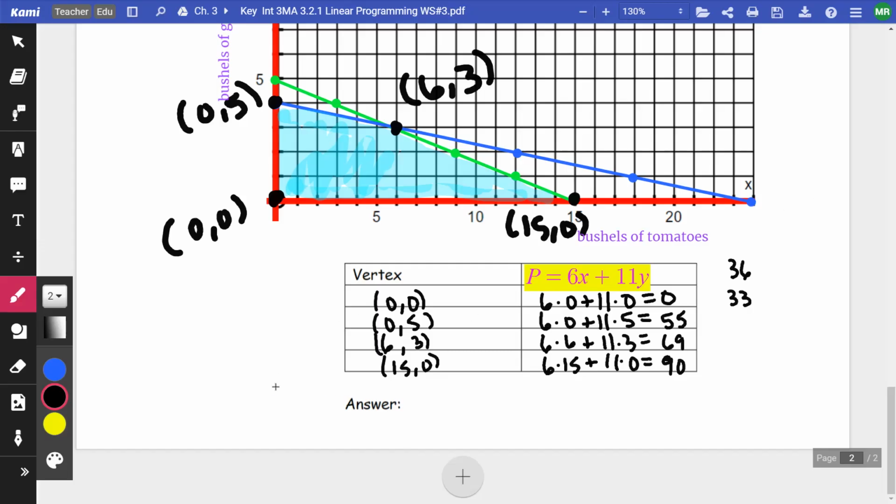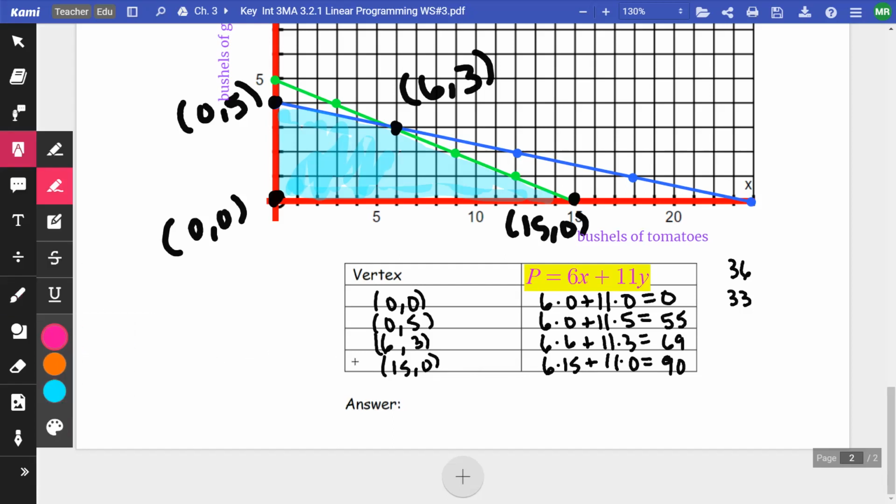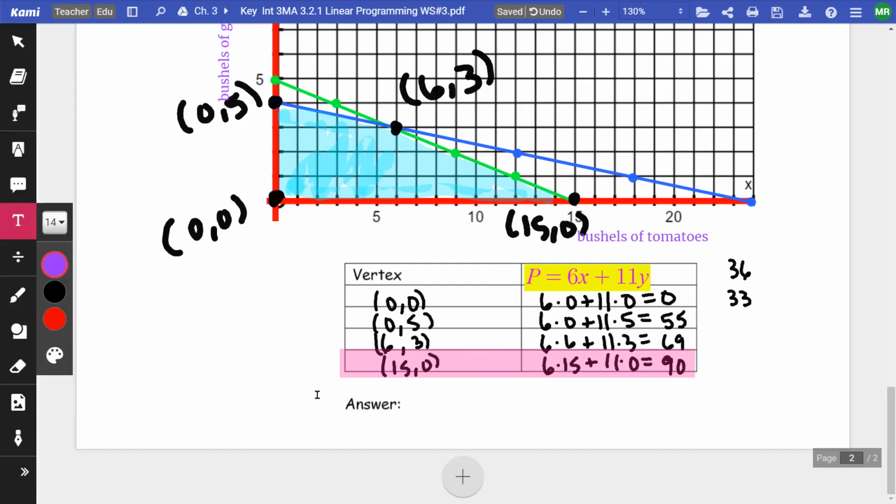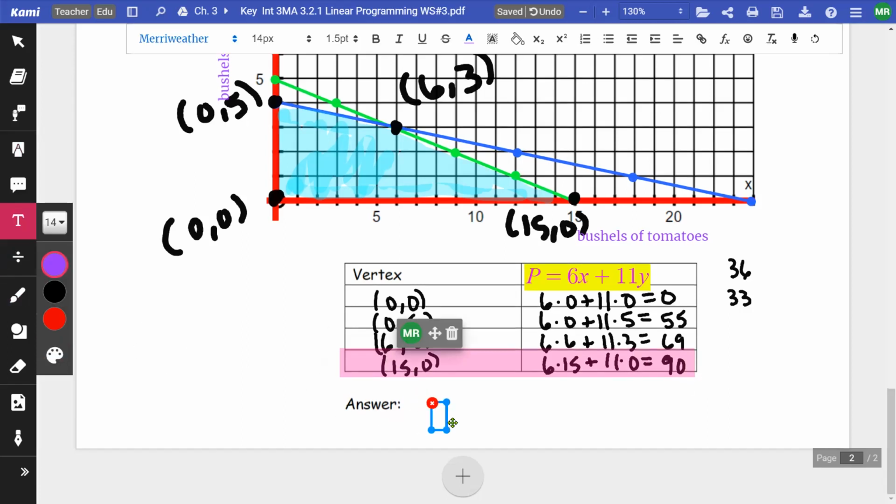So our maximum profit is going to be at 15, 0, which is going to be $90 profit. So we're going to write our answer out.